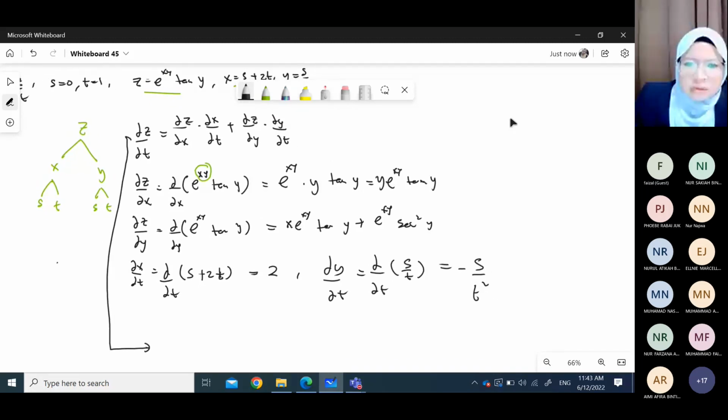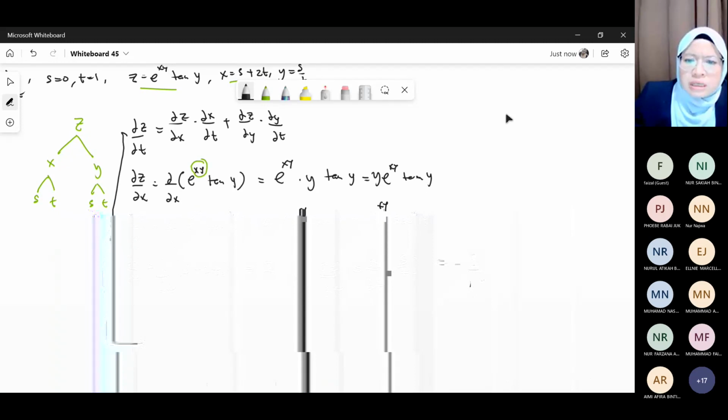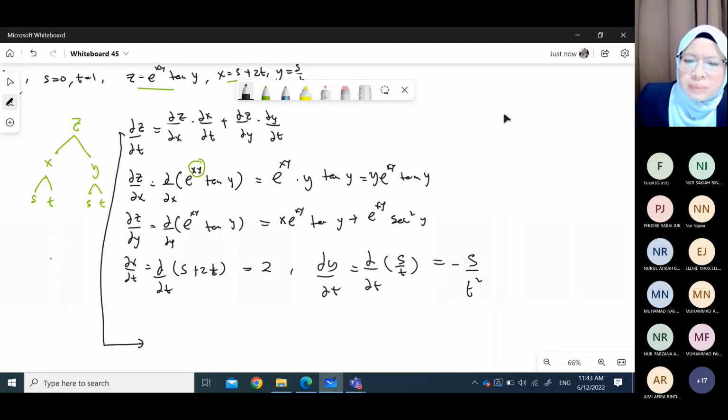Okay, so untuk cari nilai x dan juga y tu, you boleh masukkan nilai s kosong, t sama juga dengan 1. So x equals, s equal to 0, t 1, so we have 2. And y sama juga dengan 0 over 1. 0 over 1 is 0.